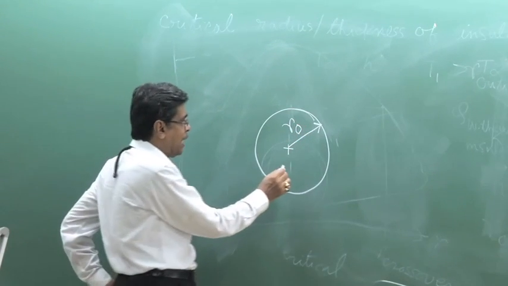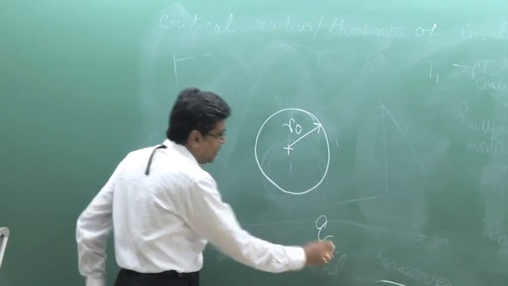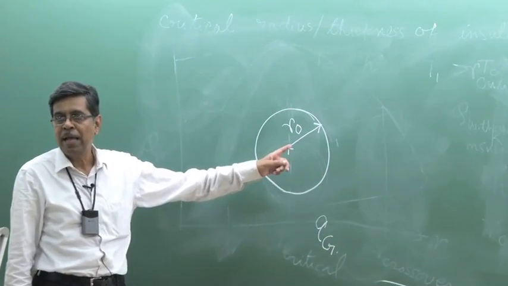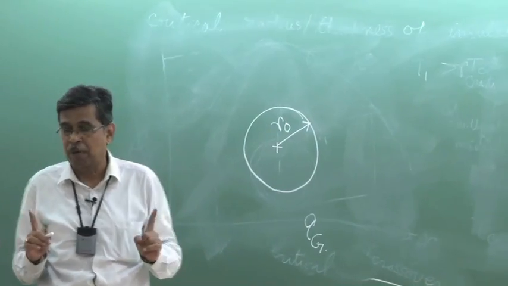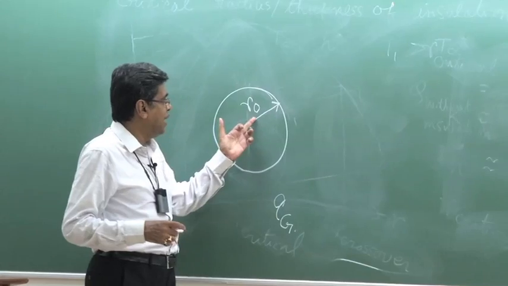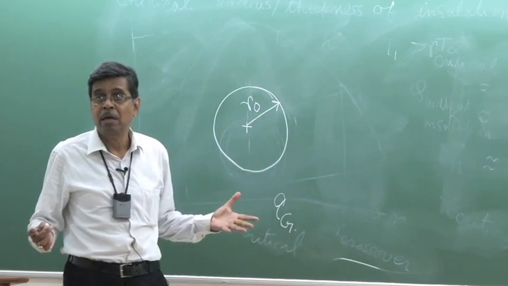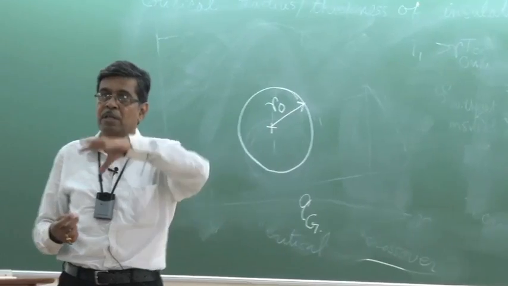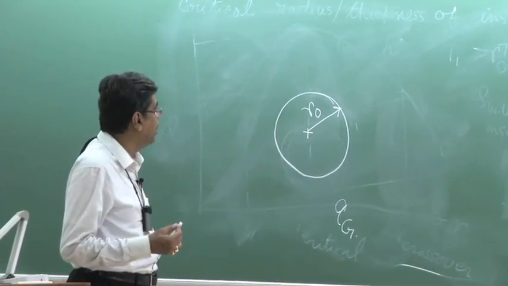Thermal energy is generated, which is specified by the thermal energy generated per unit volume at a point, which may be a function of r. It is a one-dimensional problem. So qg may be a function of r, the radius of this solid cylinder, or may be constant. That means the volumetric heat generation rate is the same at each and every point.